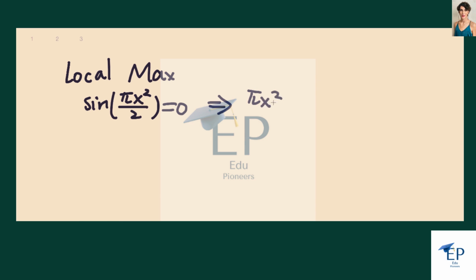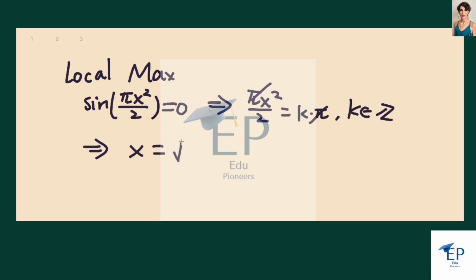So this equals an integer times pi. Let k denote the integer. That gives us, we cancel the pi, x can be written as plus or minus the square root of 2k, where k is an integer.